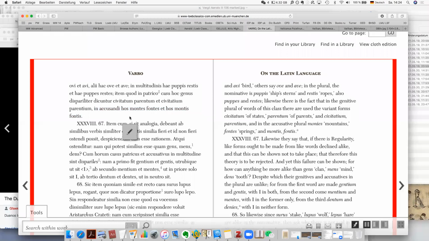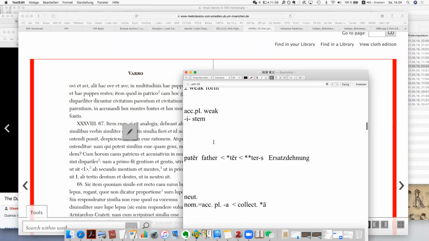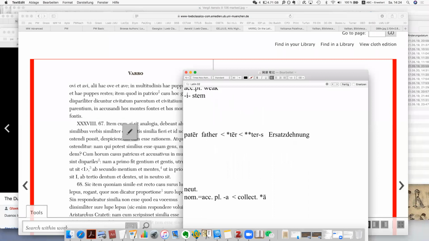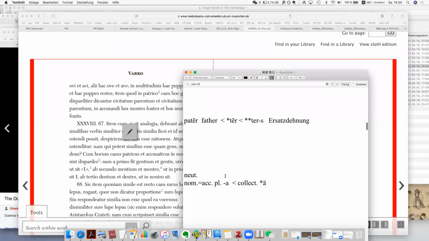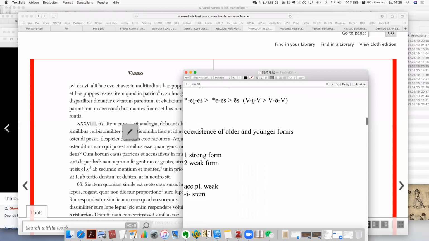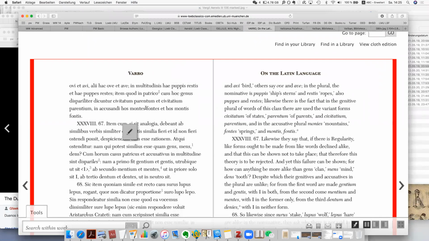So already the grammarians have noticed that there's a coexistence, auf Deutsch a kind of Wechsel, of these two forms, montes, is and s.